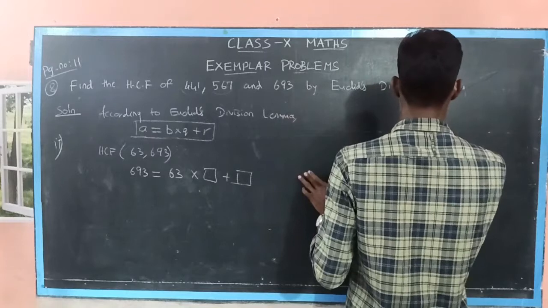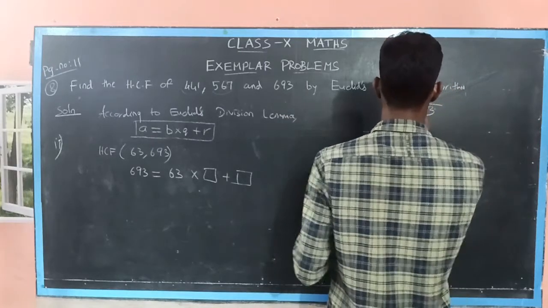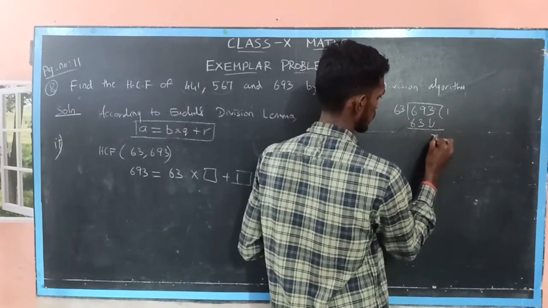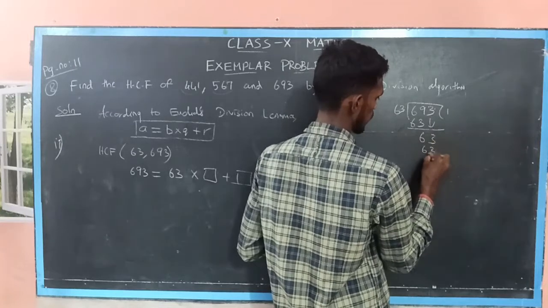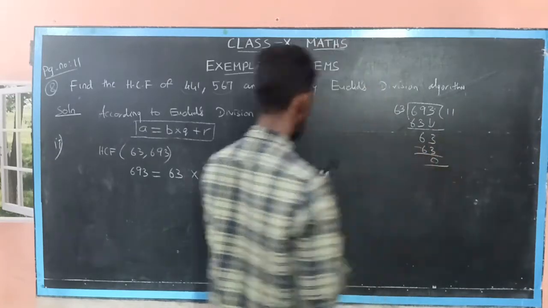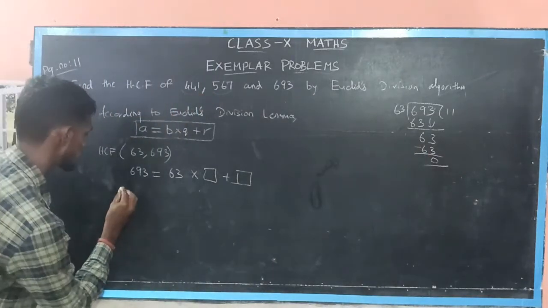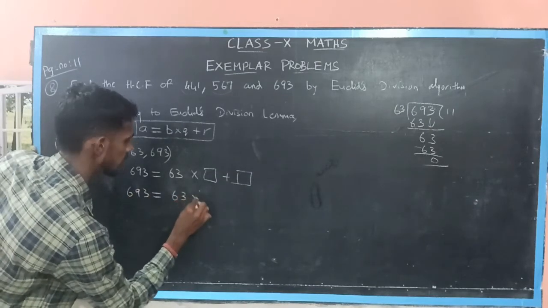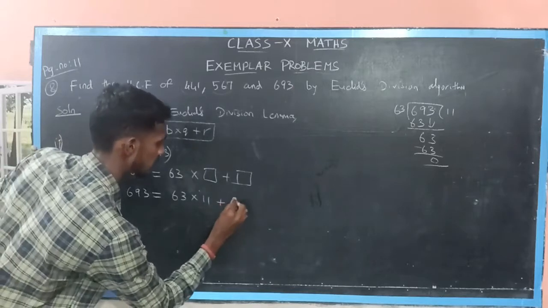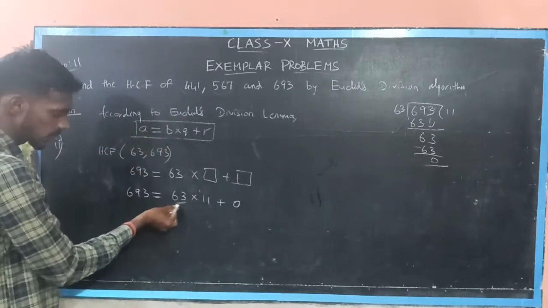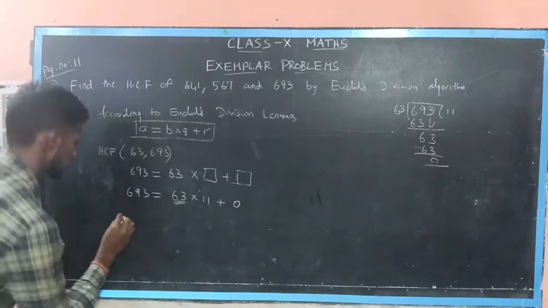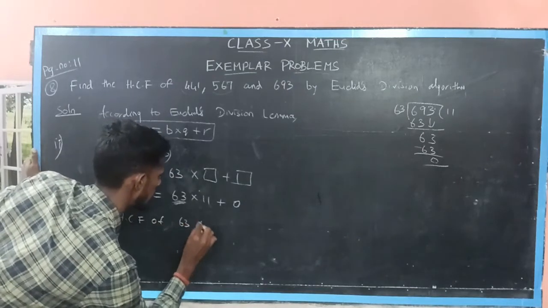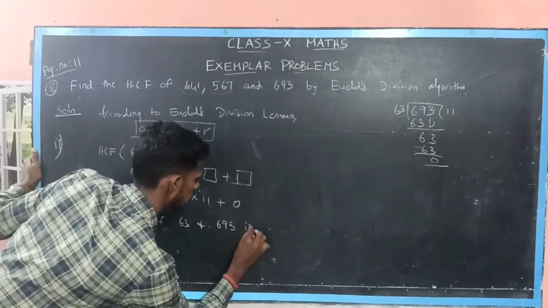So dividing 693 by 63, 63 goes one time, the balance is 6, so it goes another time, and the remainder is 0. So it ends in a single step. I can write 693 as 63 into 11 plus remainder value 0. So the last obtained B value here is 63. So the HCF of the numbers 63 and 693 is also 63.